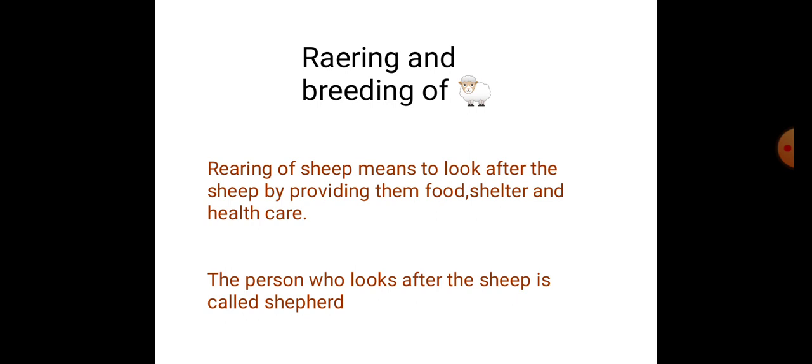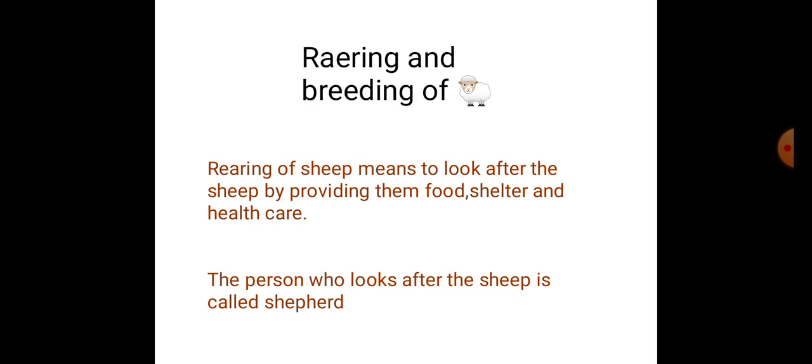Students, rearing of sheep means to look after the sheep by providing them food, shelter and health care. In India, sheep are reared in hilly regions like Jammu and Kashmir, Himachal Pradesh, Uttarakhand, Arunachal Pradesh and Sikkim.